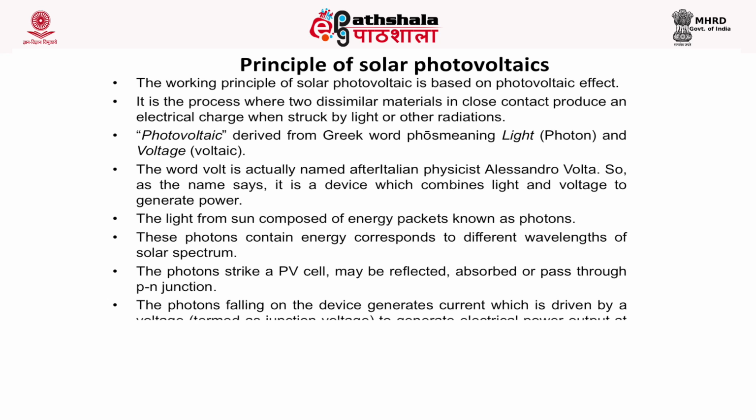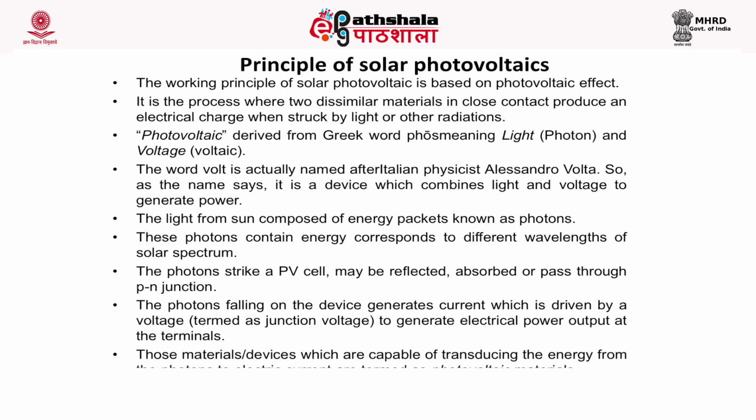The word photovoltaic is derived from the Greek word phos, which means light, that is photon, and voltaic derived from the word voltage. The word volt is actually named after an Italian physicist, Alessandro Volta. So as the name says, it is a device which combines light and voltage to generate power.